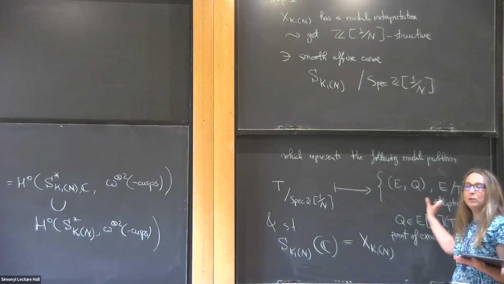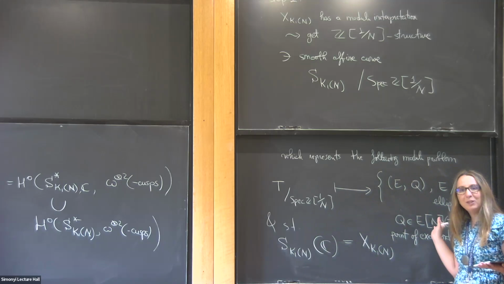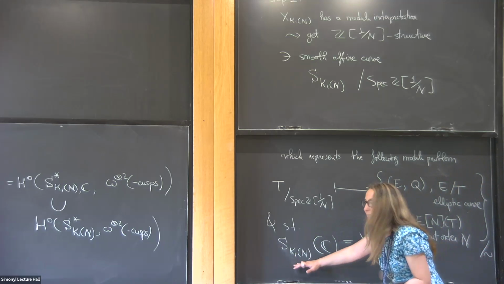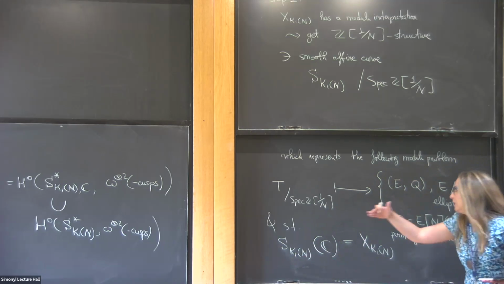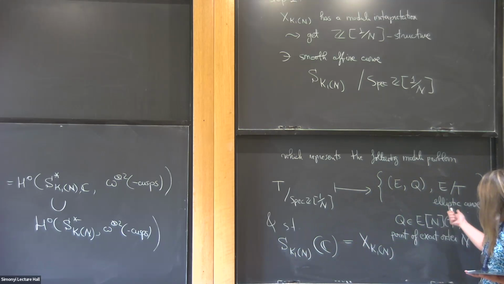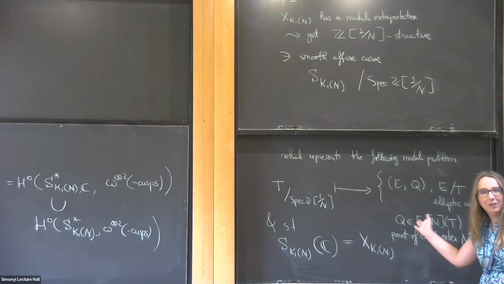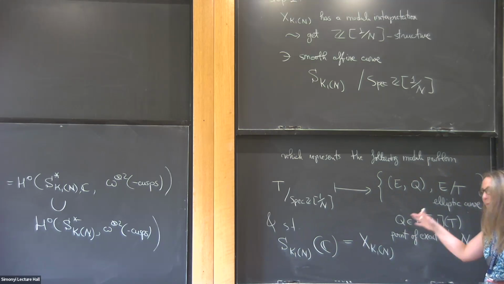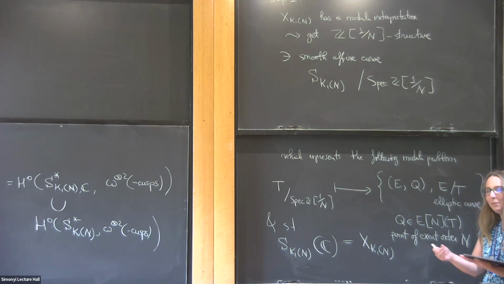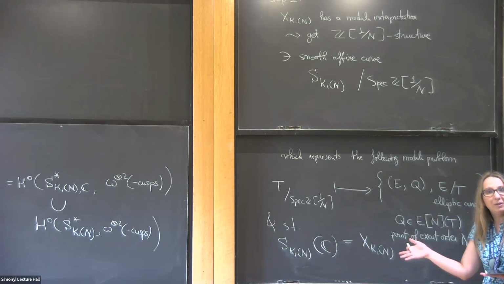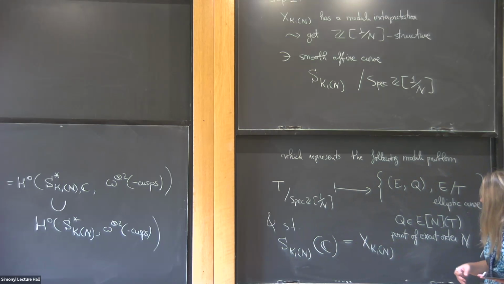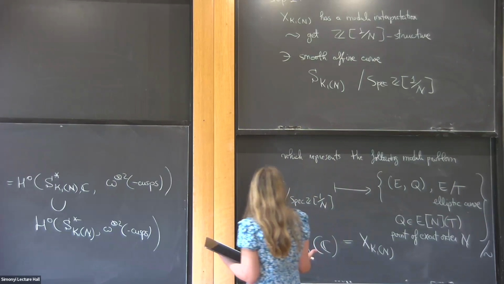You can write down some things like this over the complex numbers and check that the points here, the elliptic curves over C with a point of exact order n, really match up with the right quotient of the upper half plane. So that's something that can be done by hand. You need a bit extra to say that things vary nicely in families.